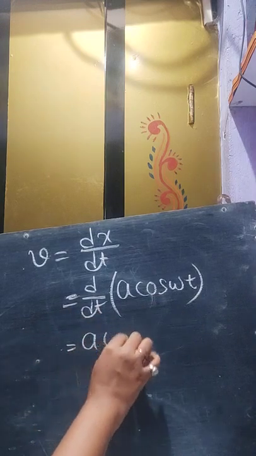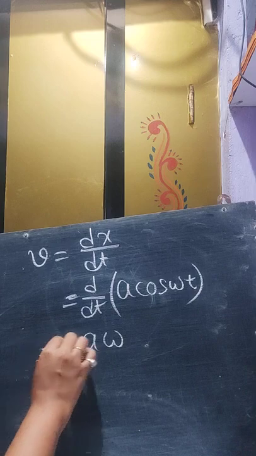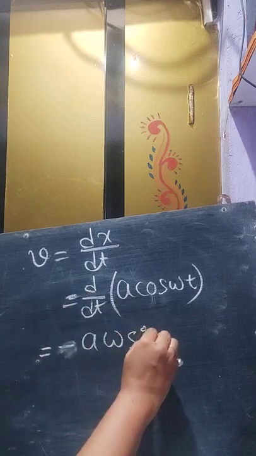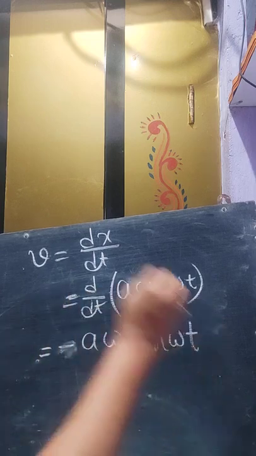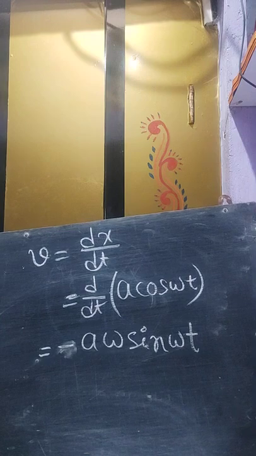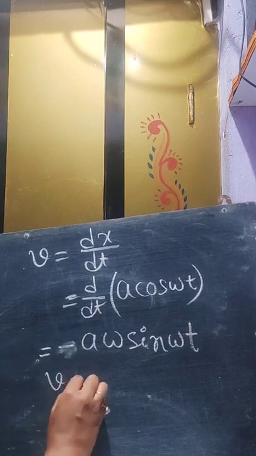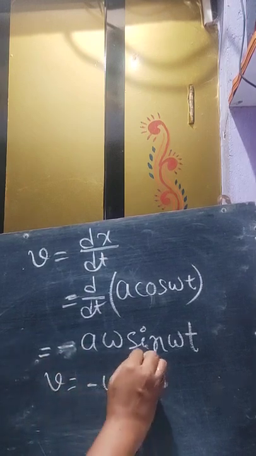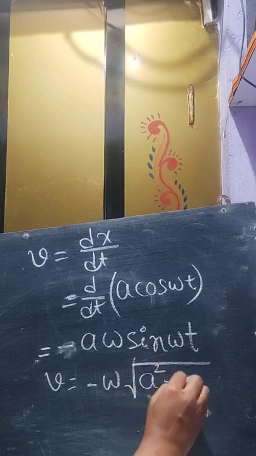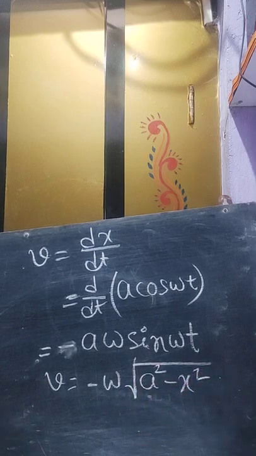So, A omega will be outside, minus sin omega t. Again replacing the values like the previous one, V will basically become minus omega root over A square minus x square.